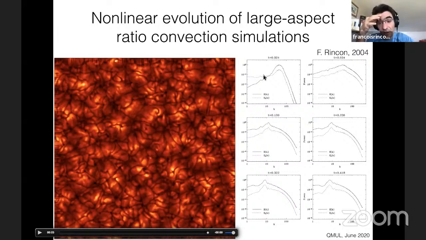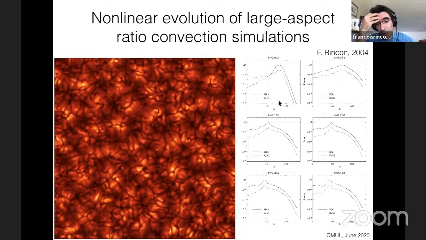This is translated on the right by the spectra for the temperature and kinetic energy. First, in the early times of the simulation, you see a peak at horizontal wave number of order 60, which corresponds roughly to the vertical size of the box. And as the simulation progresses, you are going to see a shift of the peak toward larger scale and some turbulent cascade developing.